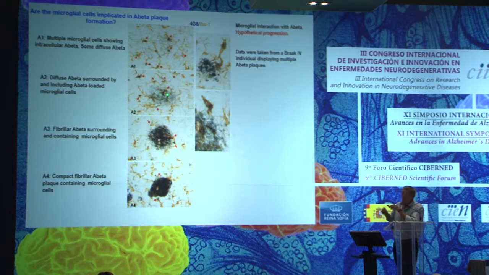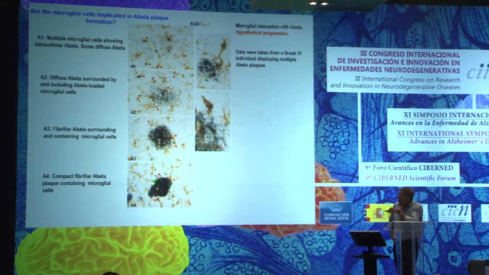Then the pathology could progress, this is theoretical, to a more fibrillar A-beta surrounding and containing A-beta-containing microglial cells. Then we also observe fibrillar A-beta surrounded by microglial cells containing A-beta and presenting microglial cells inside.